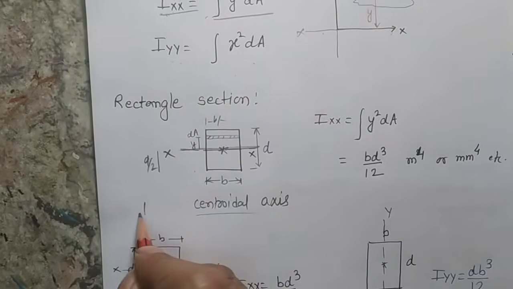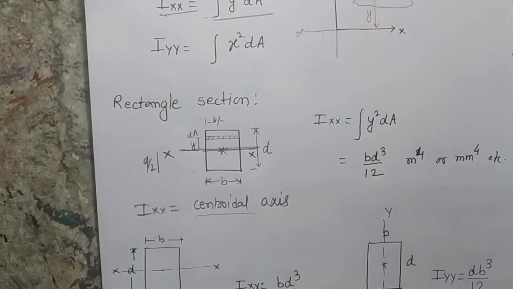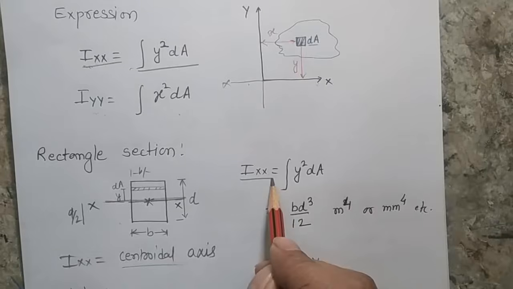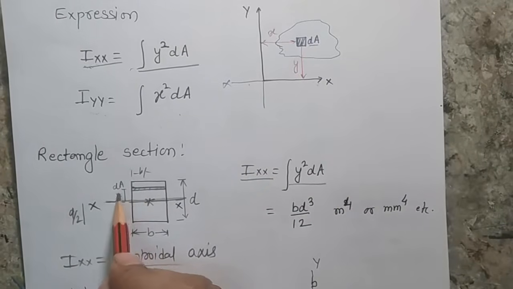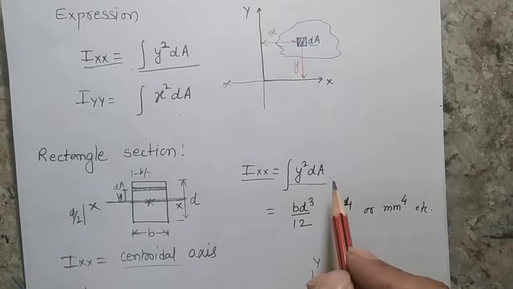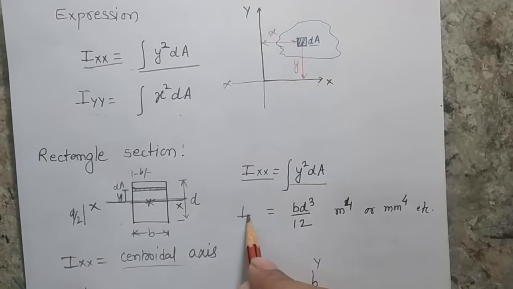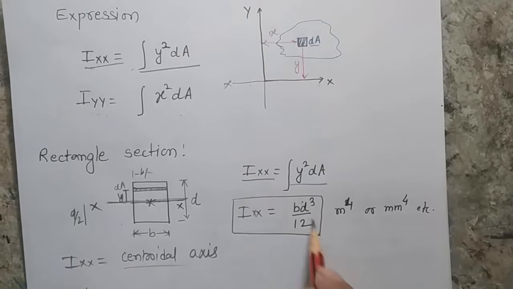So here Ixx is defined about one of the centroidal axes, and to find it I can consider a small strip at a distance y from this axis, and if I do the integration, finally I will land on this formula which is BD cube by 12.